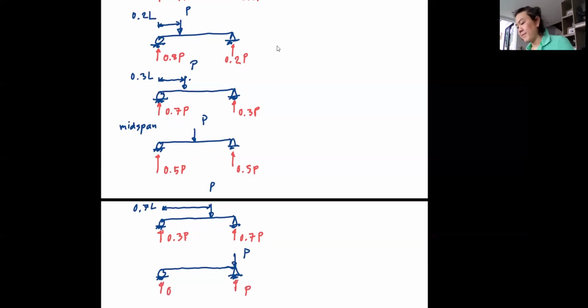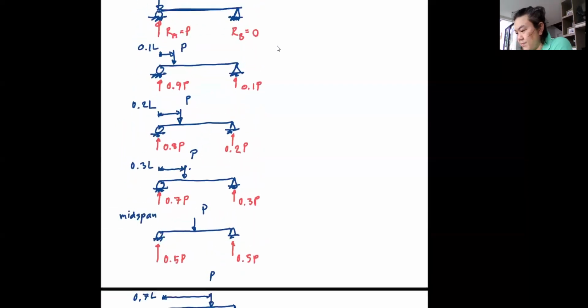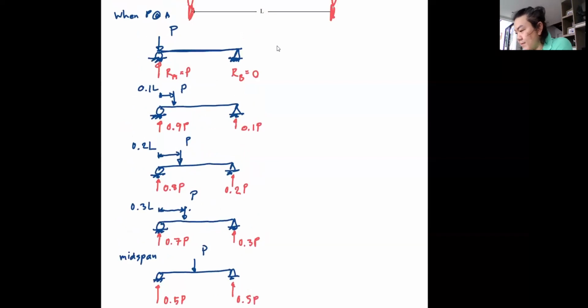So from this, I can now gather up the information. I'm going to plot the magnitude of the reaction at A in the Y axis, and the location of this load P in the X axis.